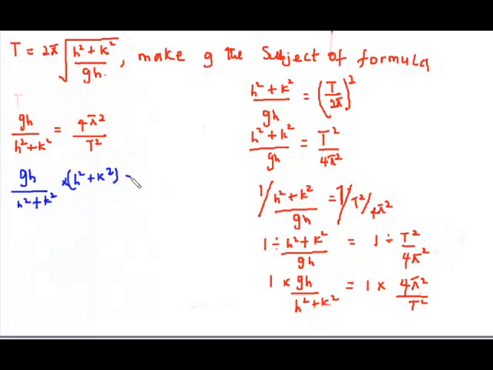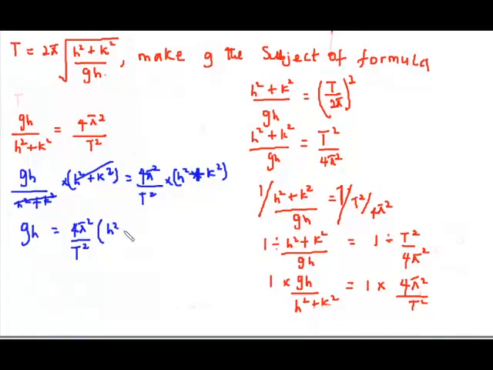So this is equal to 4 pi squared over T squared times h squared plus k squared. So h squared plus k squared cancels out h squared plus k squared. So you have gh equals 4 pi squared over T squared, and then you have h squared plus k squared.